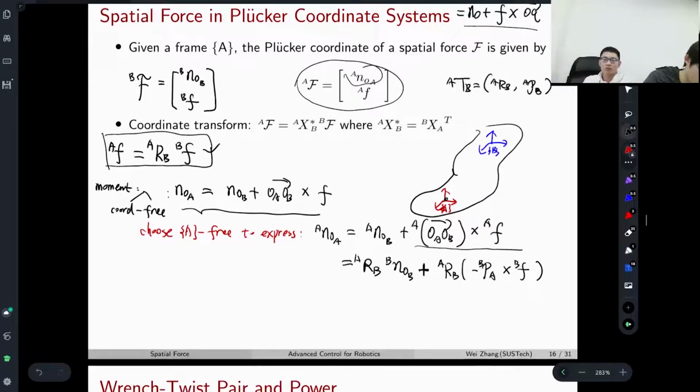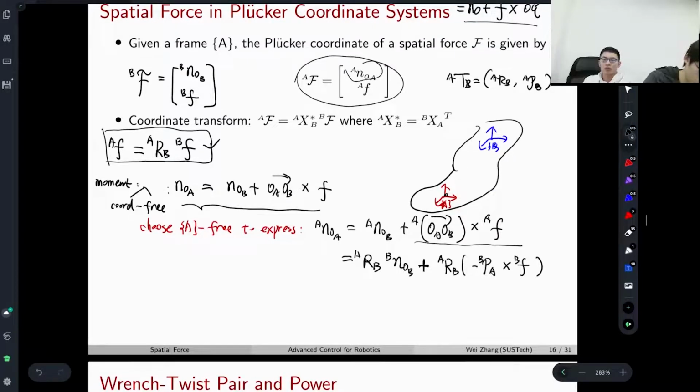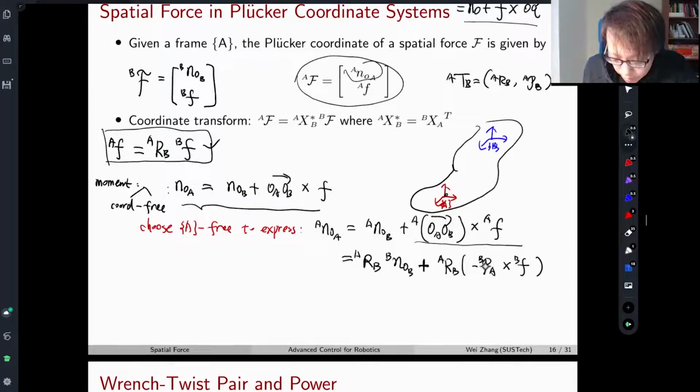I'm not sure whether I lose anyone or not. So overall, if you multiply this out, what you got? You got P_A in A, right?